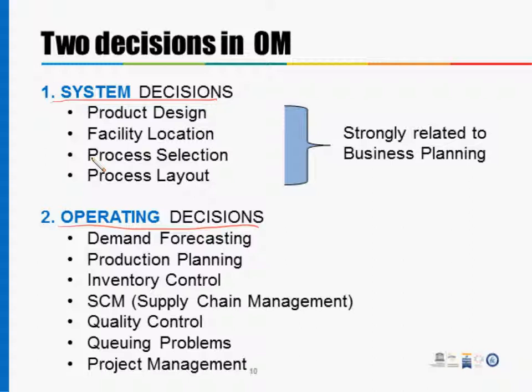And when the process is selected, you will purchase machineries, and decide how to lay out all your machineries to do your transformation process. All these system decision problems are strongly related to business planning. Once all these system decisions are made, it's very difficult to change later. So I strongly recommend you be careful when you design your system, product, facility location, process selection and process layout.